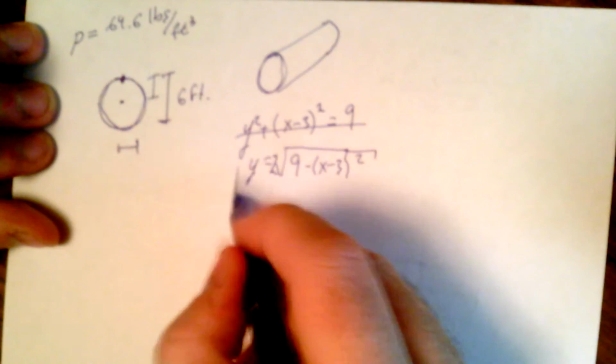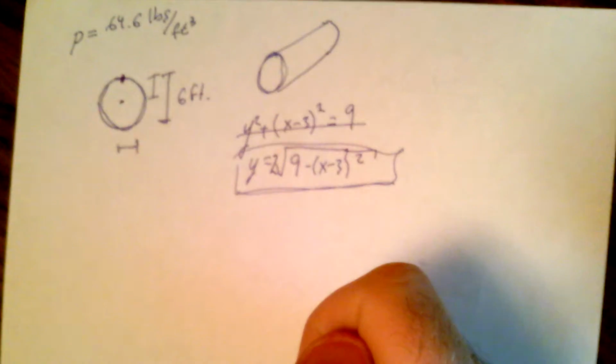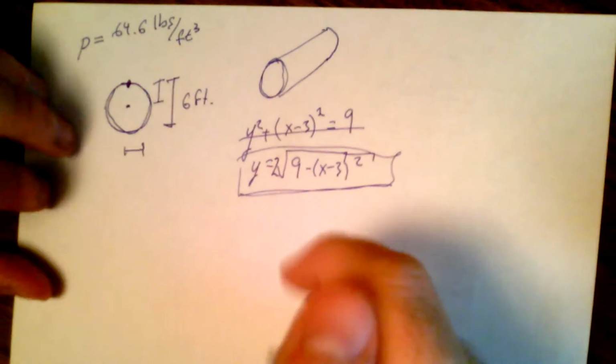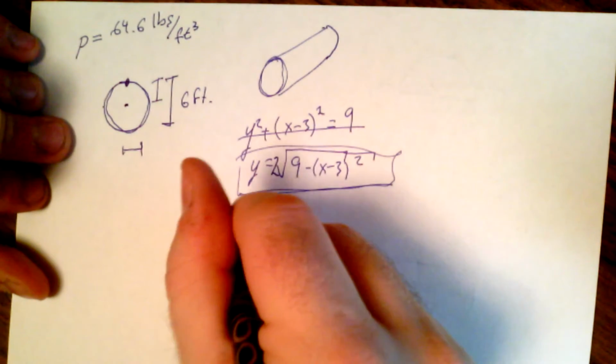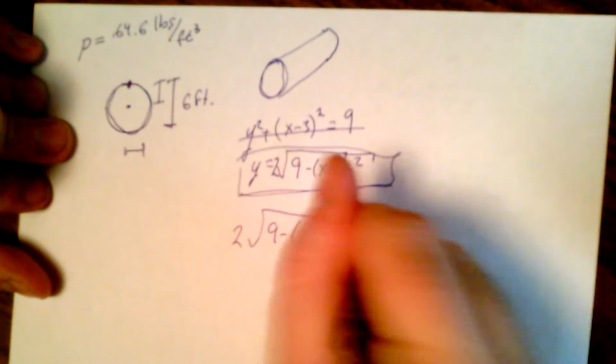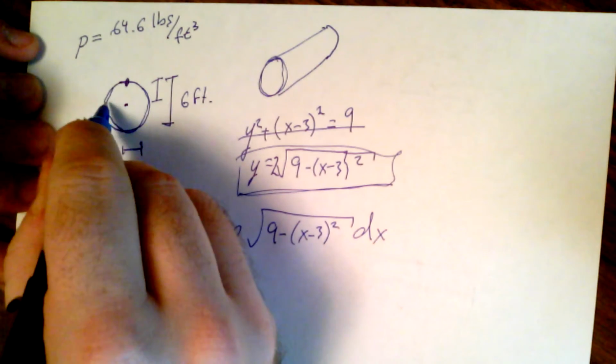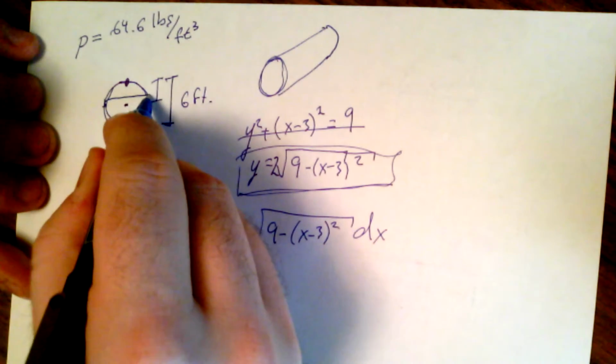So this is going to be the width of our differential rectangle. So we get 2 square root 9 minus x minus 3 squared dx would be the area of a differential rectangle.